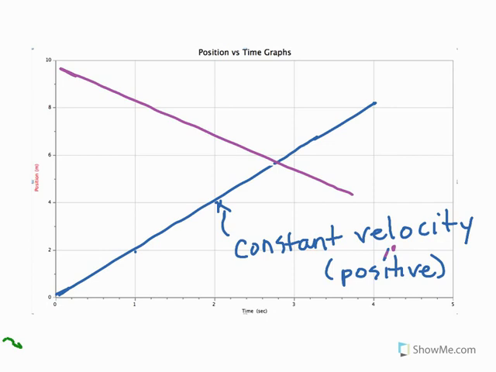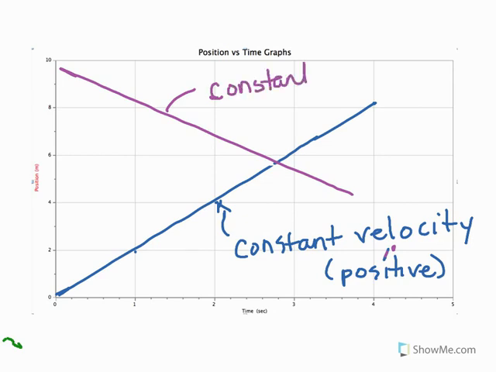Our original blue line started at the origin and we were moving away. Compare that to the purple line where our object is starting way ahead in front of the origin, and this time instead of going away from the origin, it's actually moving back towards the origin. So this purple line represents a constant velocity, but this is going to be a constant negative velocity.